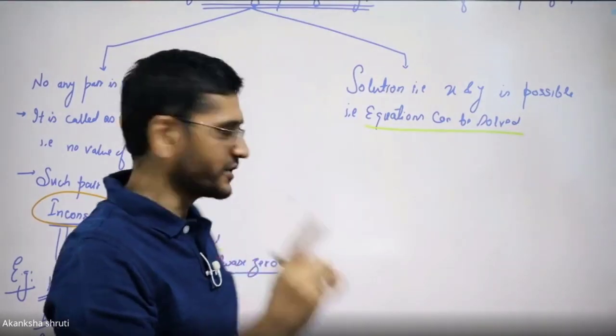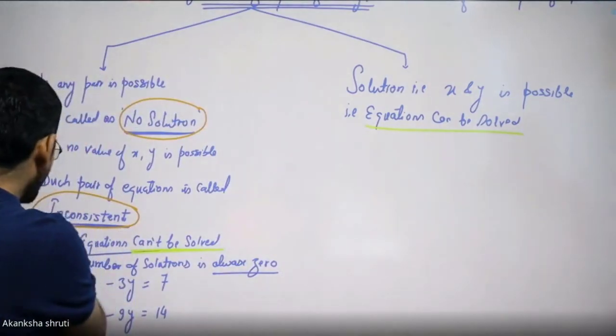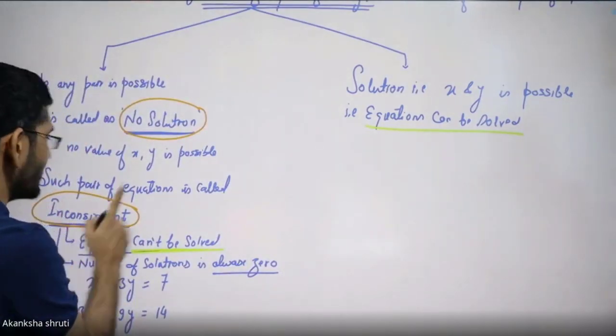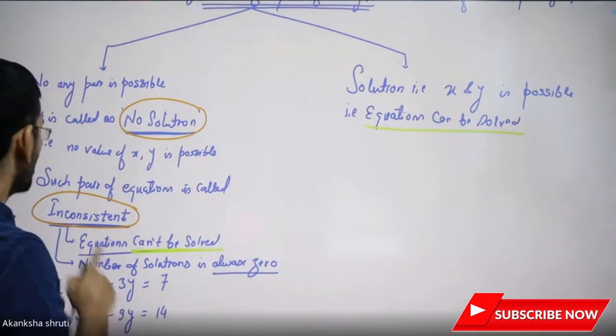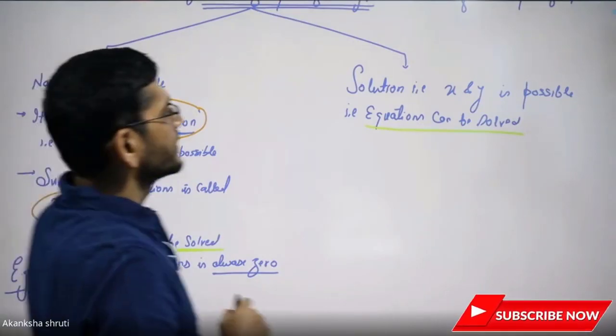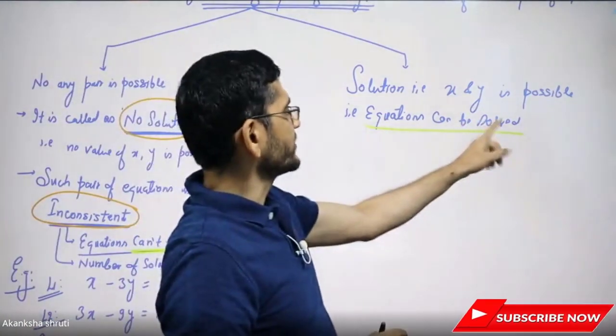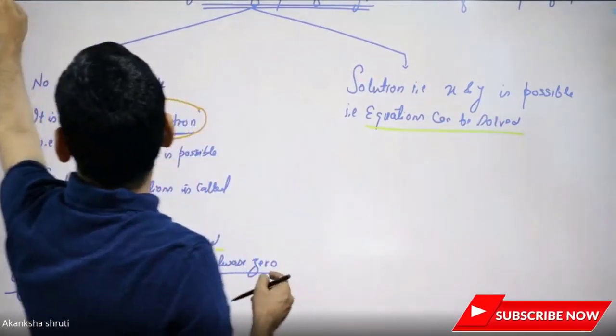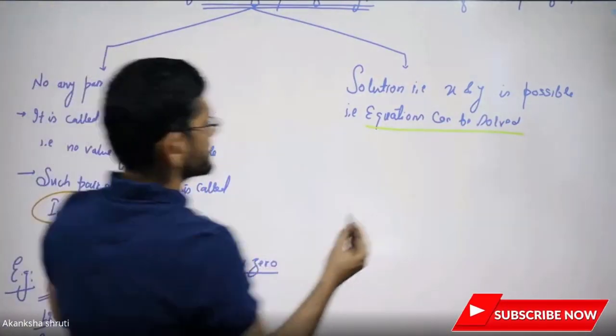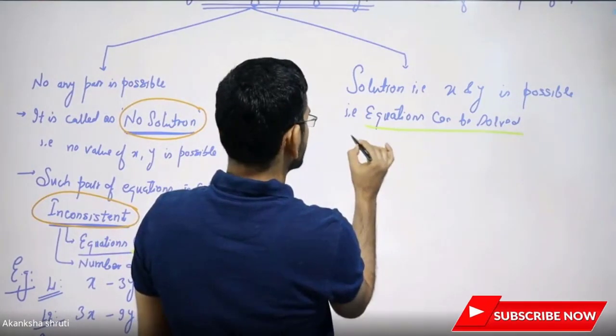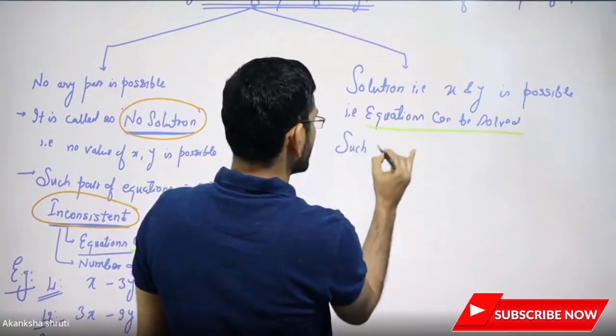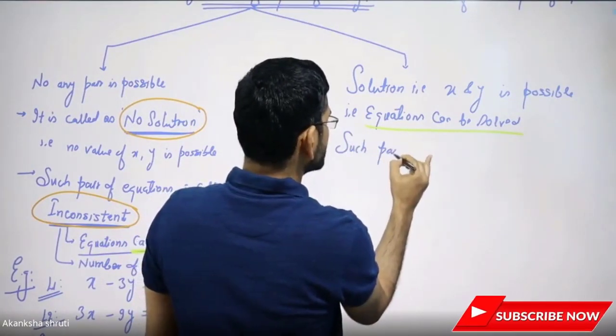ये term आप याद रखेंगे. देखिए, ये inconsistent means no solution or cannot be solved. Such pair of equations which can be solved are called as consistent.